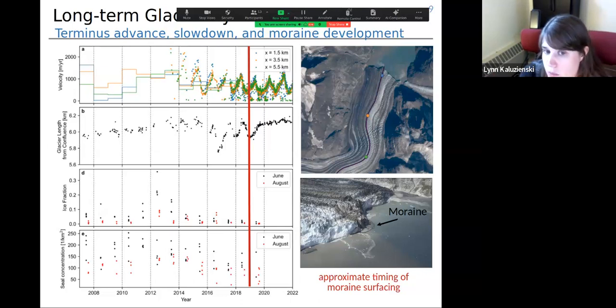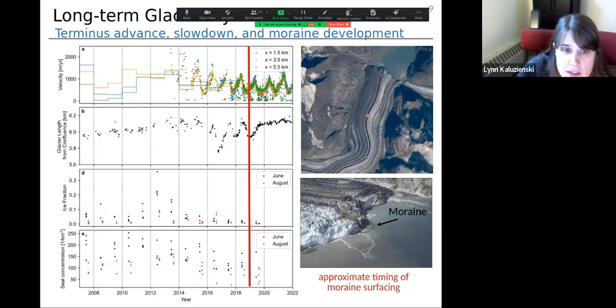What's interesting is that when we were going through some of the photographs from our aerial surveys, we actually saw this moraine pop up at low tide. This is a photo from 2019. We went back through the photos, and that was the first time we were able to see this surfacing of the moraine. And we see the impact of this moraine on glacier dynamics throughout.